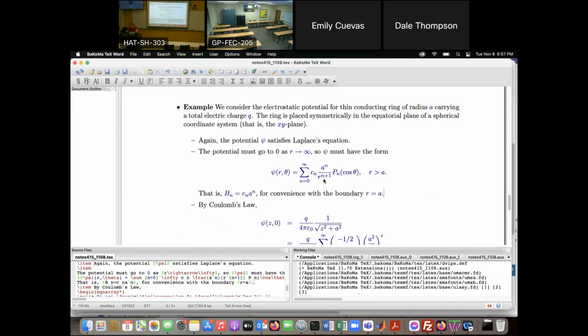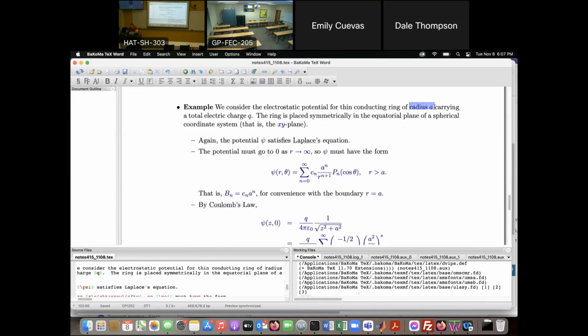It's customary, when you have a boundary at some radius other than 1, to have that radius raised to the nth power as a factor, because it makes things convenient for trying to satisfy boundary conditions.